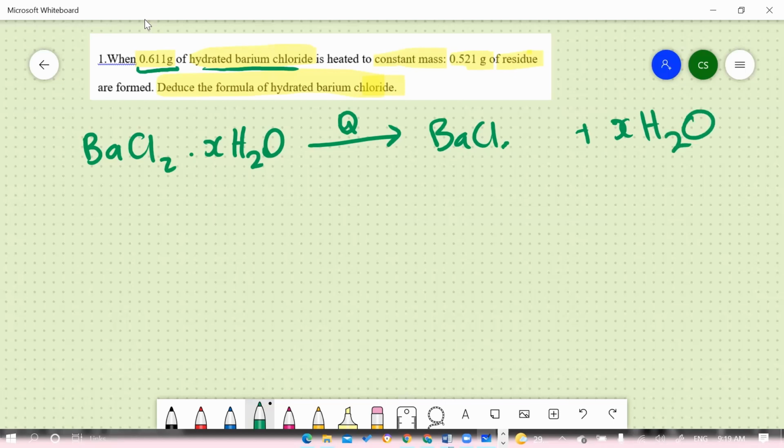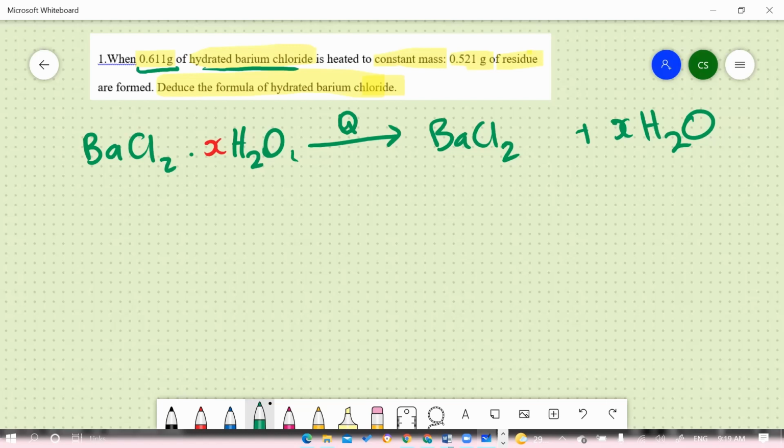All right, tell me, what's missing from your equation here? State symbols. Yep, and what else? That should be BaCl2 over there. Very good, everything else seems to be okay.